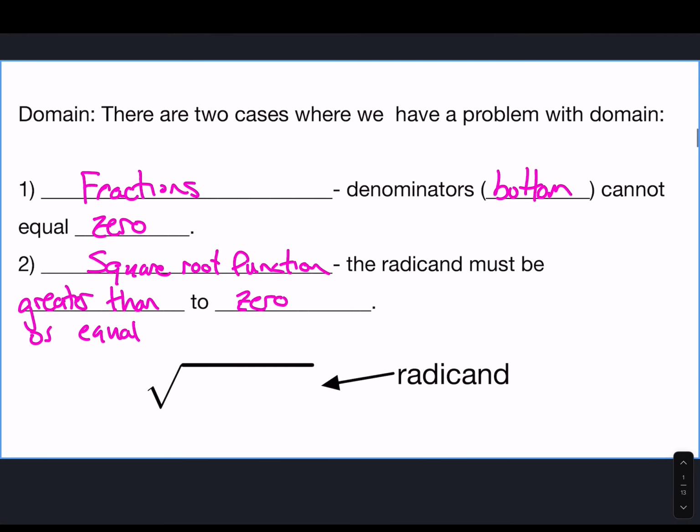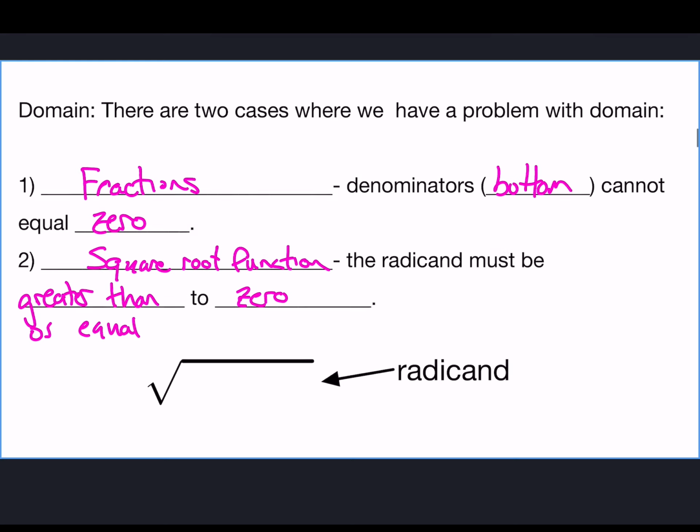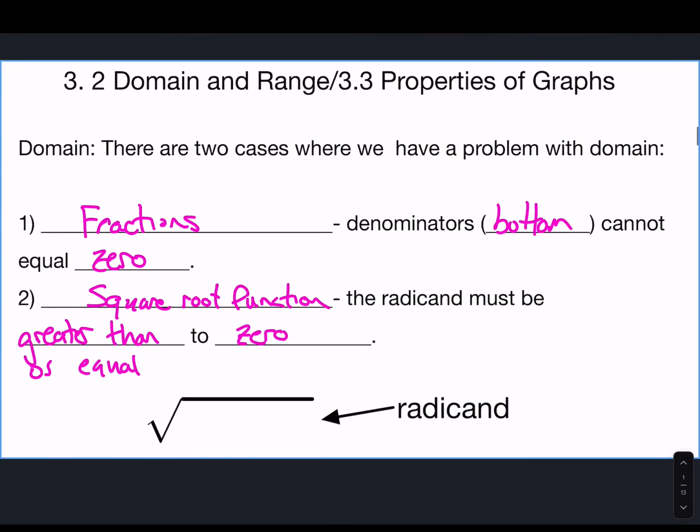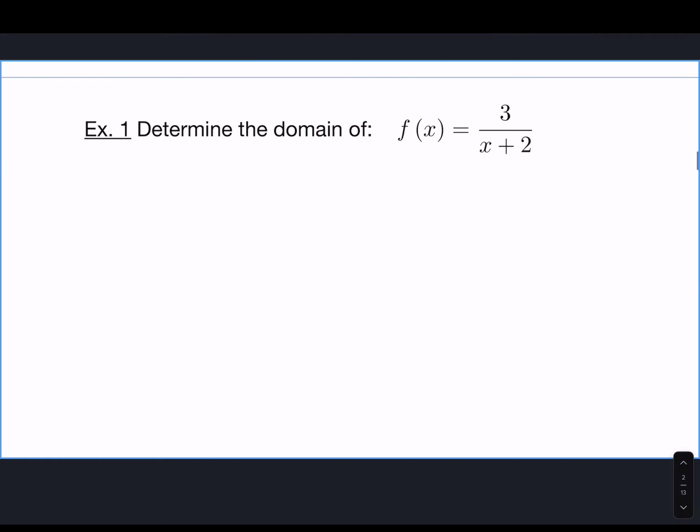There are two cases where we have a problem with the domain. Fractions or square root functions. Which one of those do we have here?